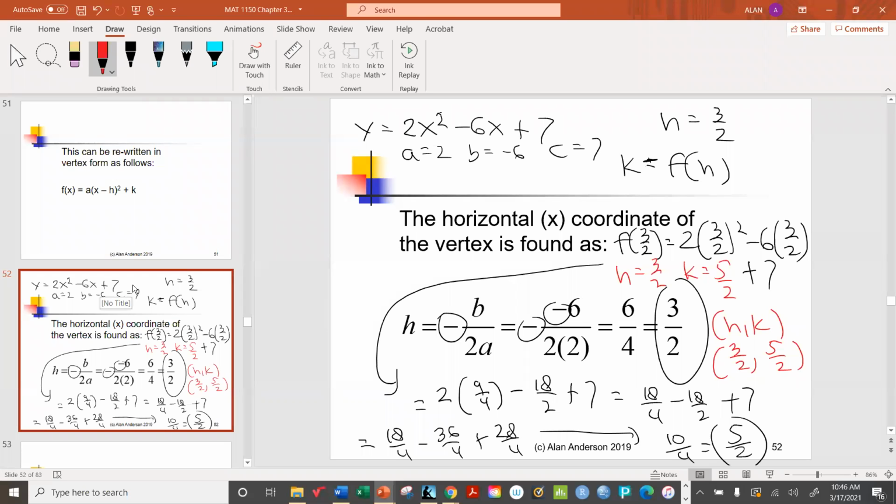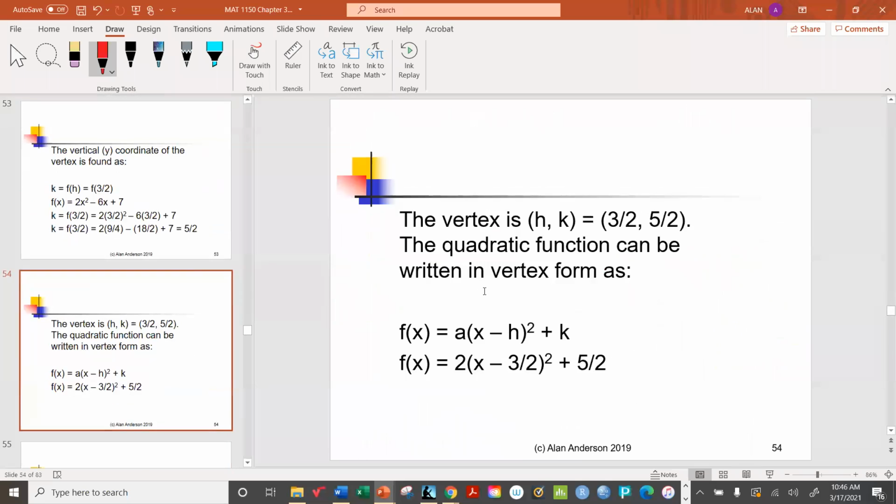Now, this implies then that the axis of symmetry is the equation x equals 3/2. They don't show that in Symbolab, but I have it here.